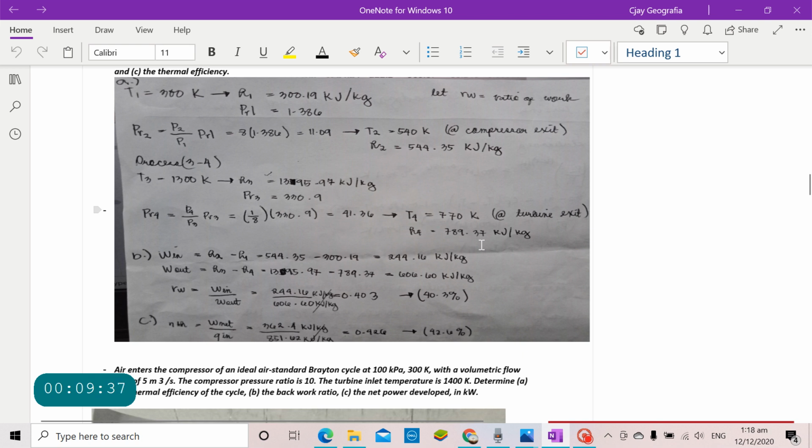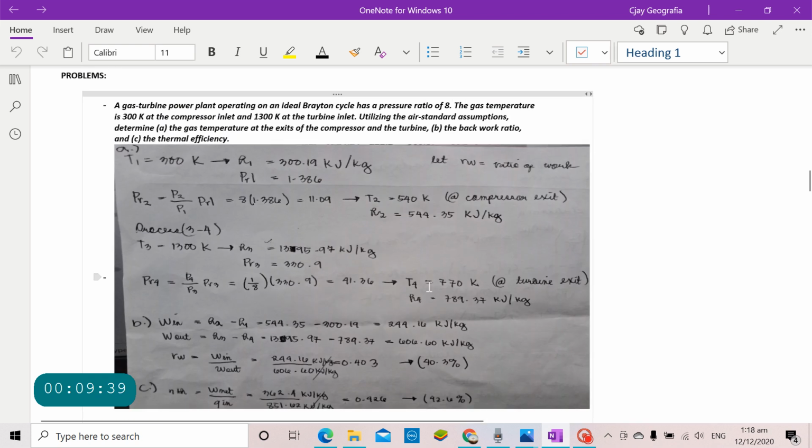First we solve for the gas temperature at the exits of the compressor and the turbine. We need to solve for the temperature, so first get the properties from the given air-standard table, which is our basis, under the H1 and PR1 columns.